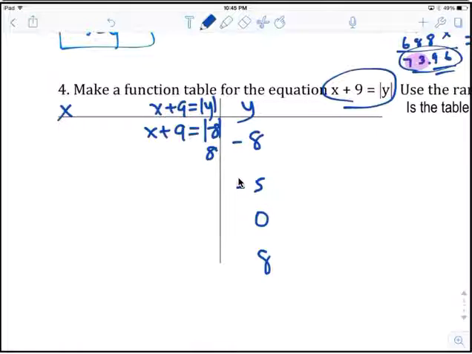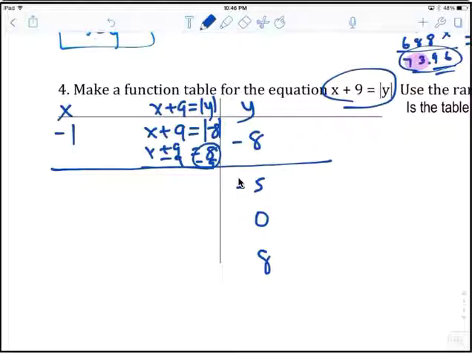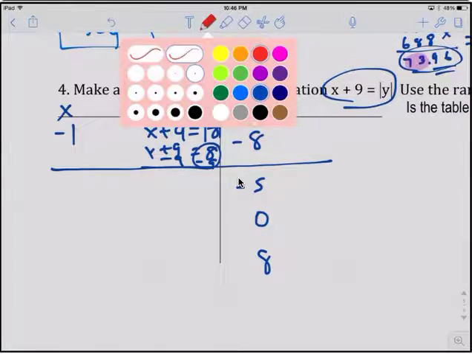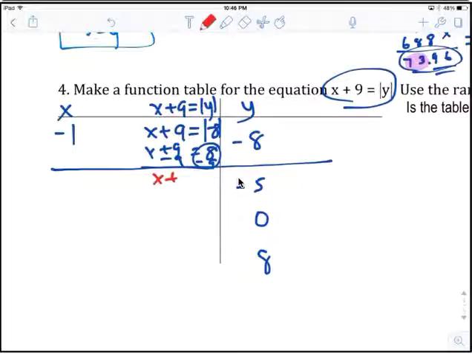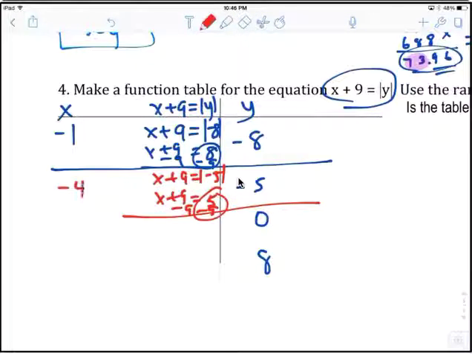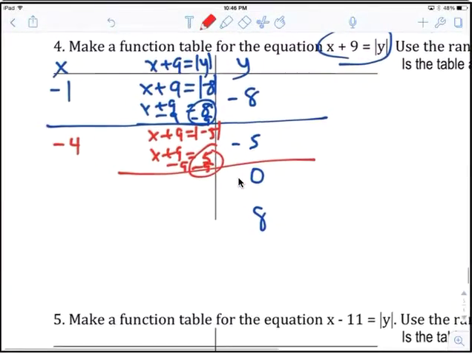So 8 equals x plus 9, minus 9 both sides. That is -1. Next one is x plus 9 equals absolute value of -5. Absolute value of -5 is 5. X plus 9 minus 9. X then is -4.